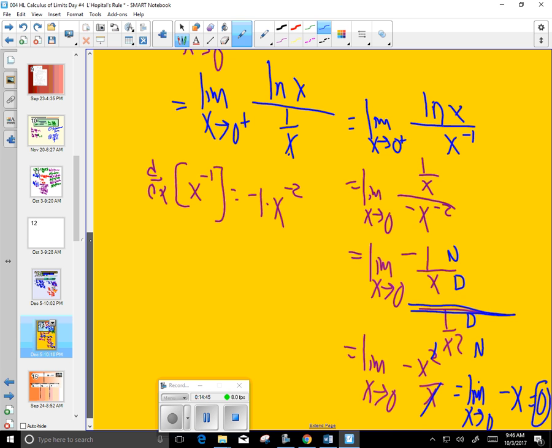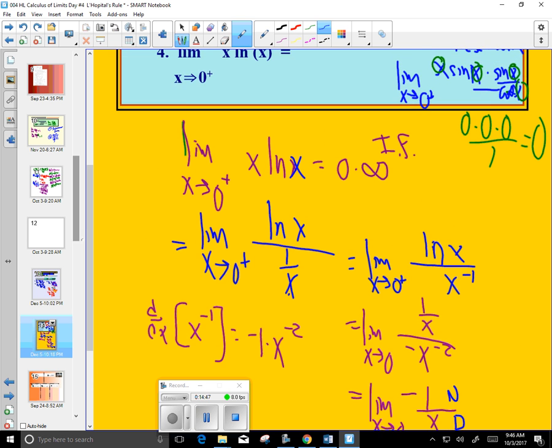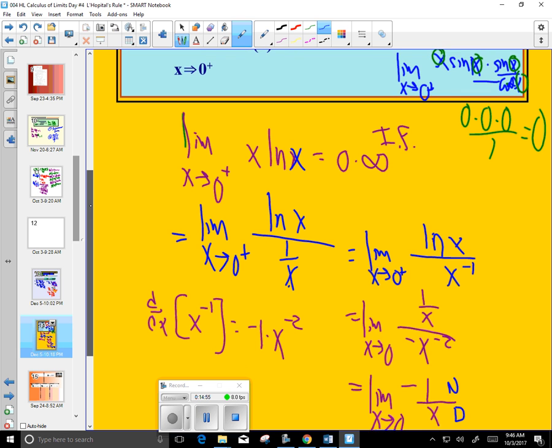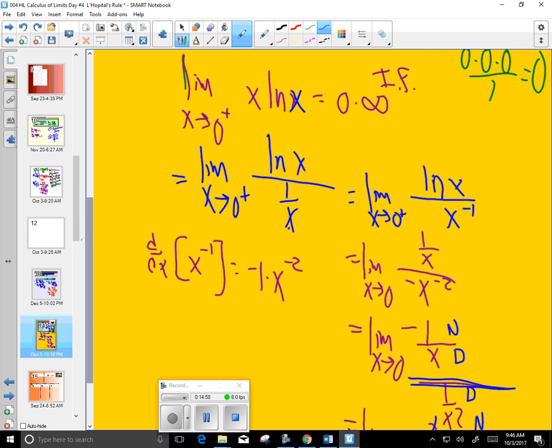So a little tough. Let's go over it real quick. I plug the values in. 0 times natural log of 0 is 0 times negative infinity, which is an indeterminate form. So we had to label that. Then I rewrote these so that this was in the numerator and this snuck down to the denominator. The way I do that is I just call it 1 over x, or x to the negative 1.